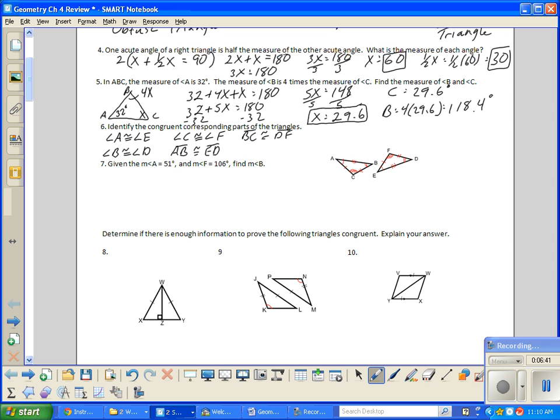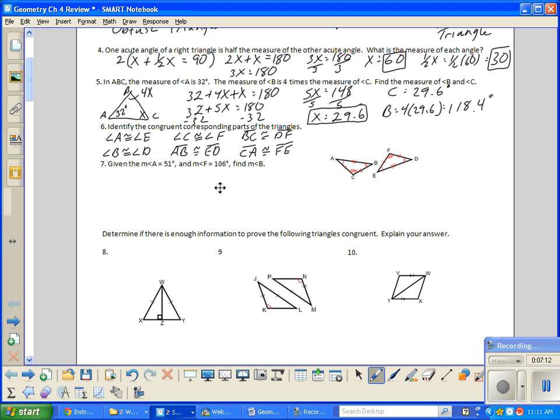And side CA is going to be congruent to FE. Now on all those sides, we could have them in reverse order as long as the letters match up in order. So it could have been BA and DE, CB and FD, and AC and EF, just in opposite order there.